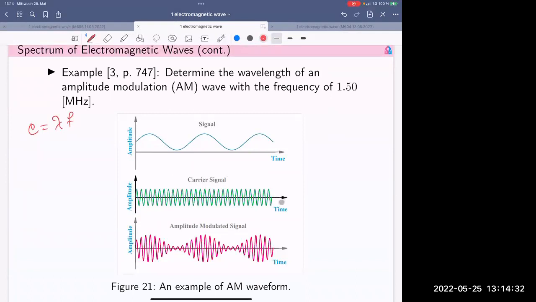If you want to make the AM signal, in communication engineering this is known as modulation. But don't panic about the new word modulation. What is that? It's simply the multiplication between the original signal, any information you want to transmit, and the carrier.